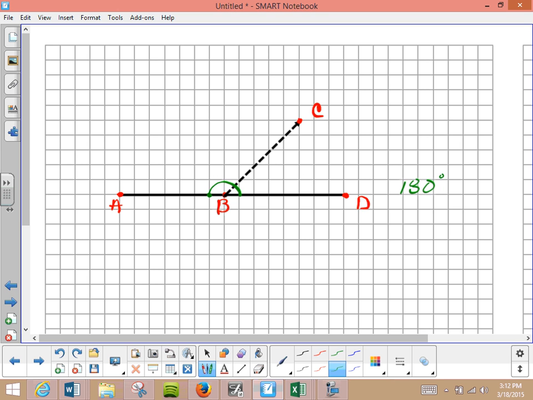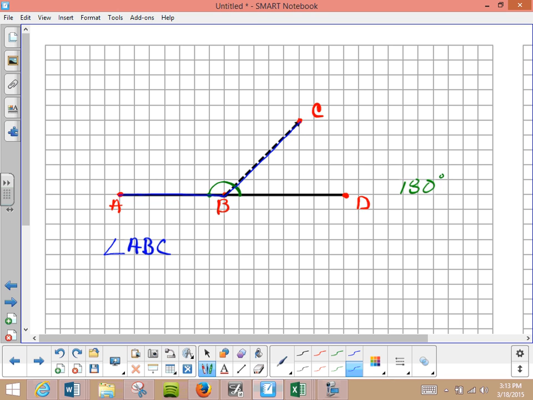Now, I'm going to create another angle in blue, and this angle will be composed of A, B, and point C. This is how you draw it. It almost looks like the less than sign, but this one's flat at the bottom. Angle ABC is in blue. It doesn't matter how yours looks. Yours might look like an acute angle or an obtuse angle.